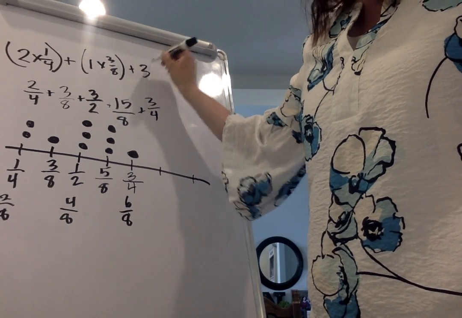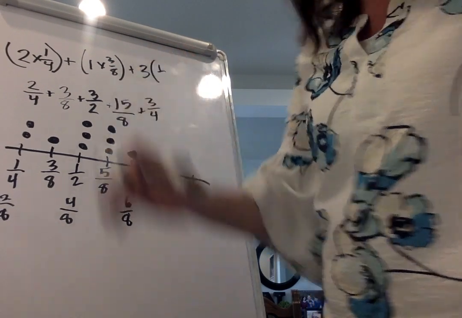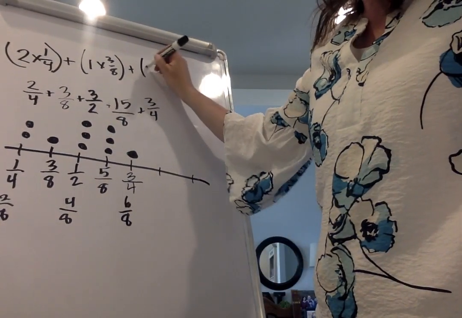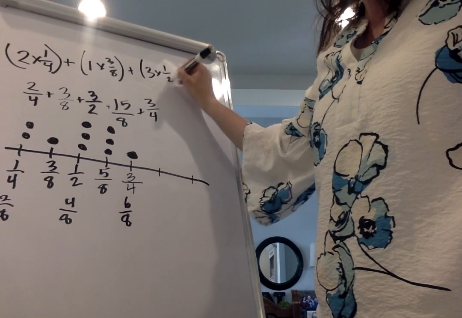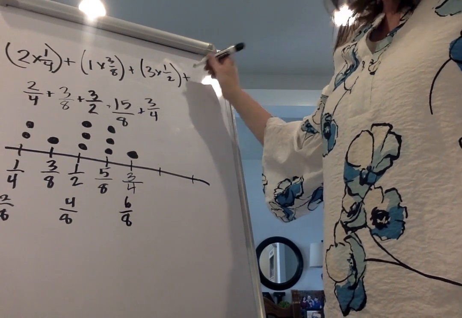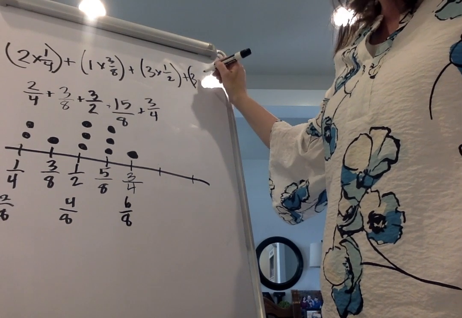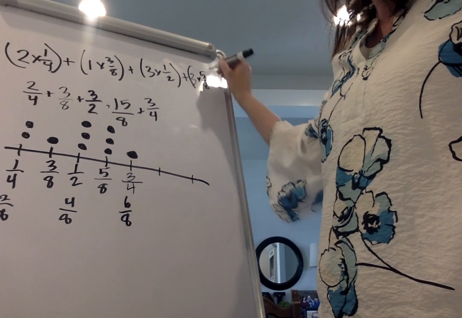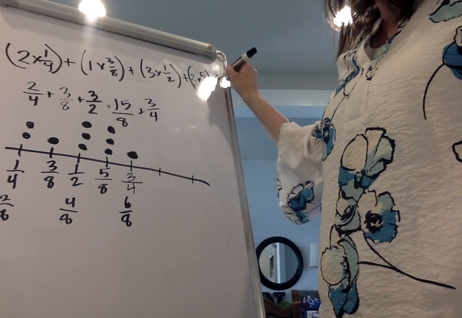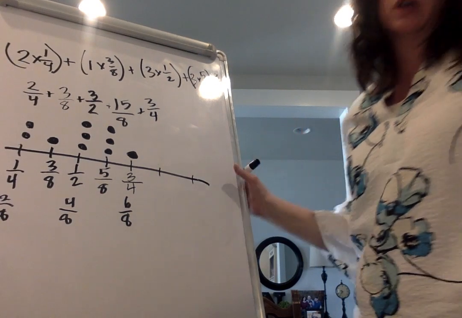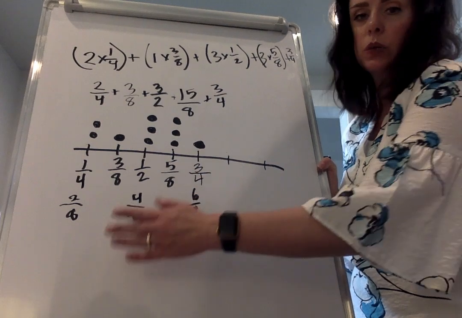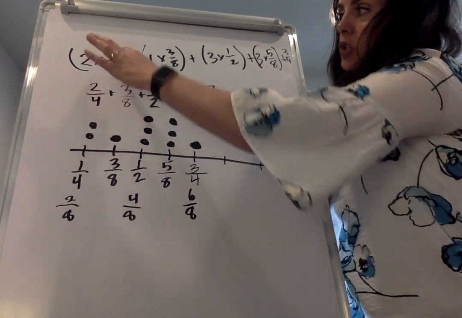Plus 3 times a half. Oops, I gotta do that better. Plus 3 times 5/8 plus 3/4, or 1 times 3/4. Right, this is how basically I am setting up my equation. That's what I was doing down here, and then this is the total.